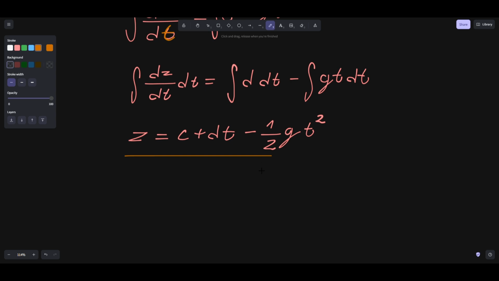Now we have the equations for x and z, where a, b, c, d are constants that can be fixed by the initial conditions. For this case, the initial conditions will define the initial x and z position of the particle. In this case, there will be a and c, and the initial velocity, b and d.